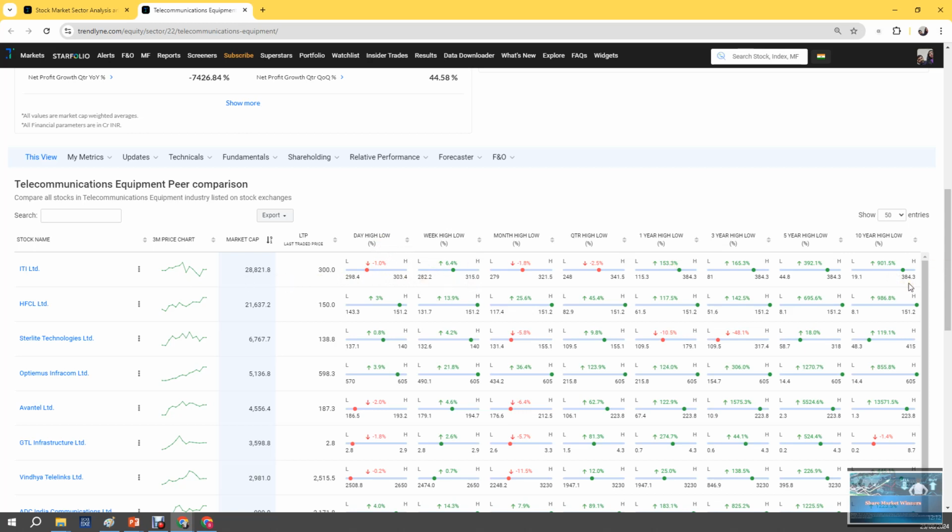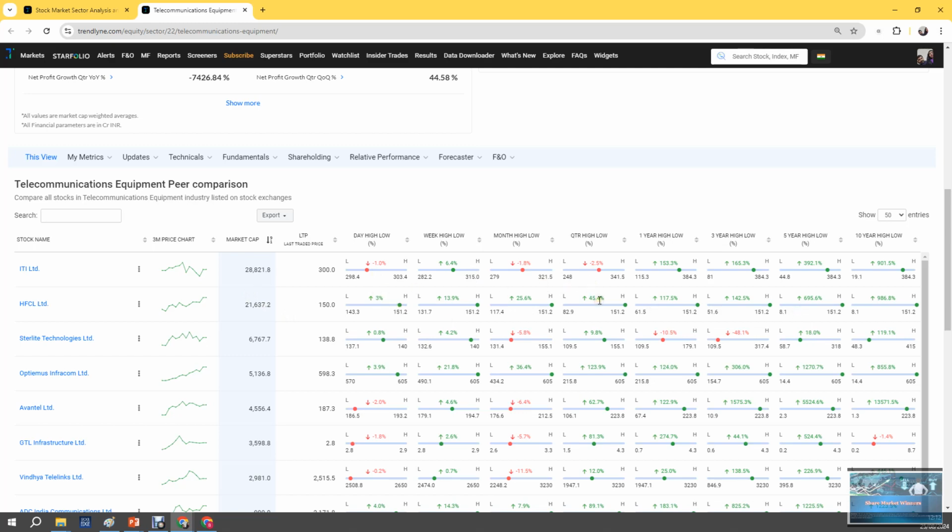In the 10-year comparison, their highest price was about 384, but it is trading at 298.4 rupees. So you can see these comparisons at one view.